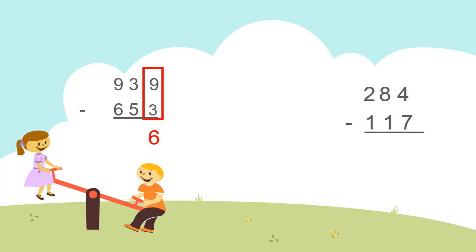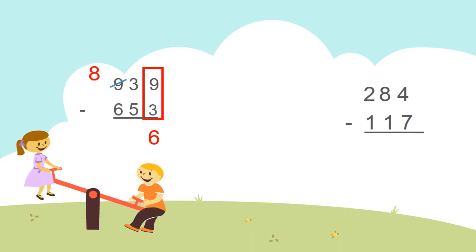Okay, now let's go to the tens. 3 minus 5. I have 3. Get out 3 on your fingers. Can you take 5? No. So you're going to take from where? From your hundreds. The hundreds became 8.